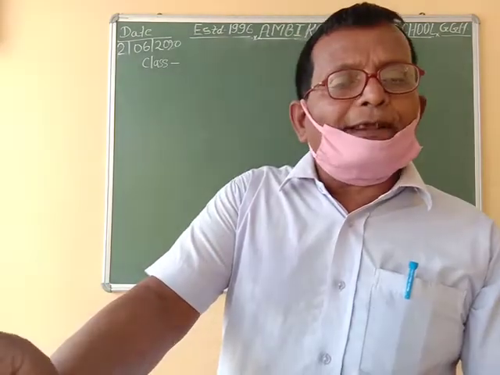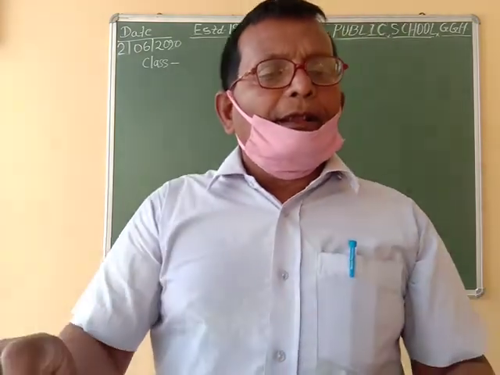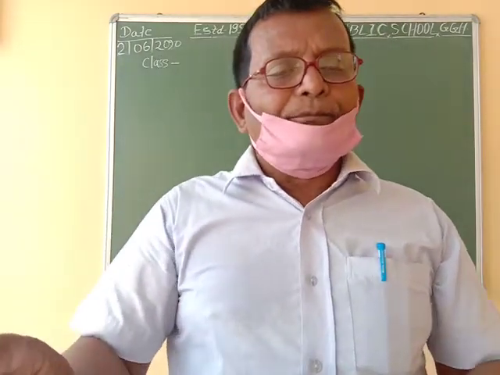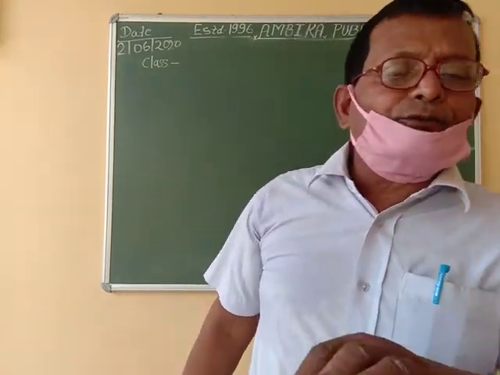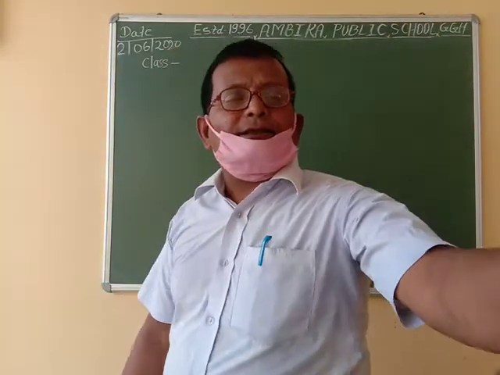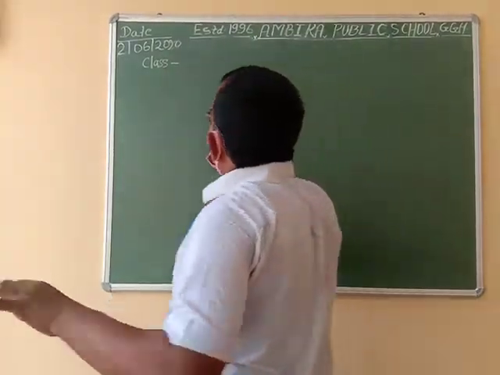We have to find question number 3. Find the value of k if x minus 1 is a factor of p(x). This is question number 3 of exercise 2.4.